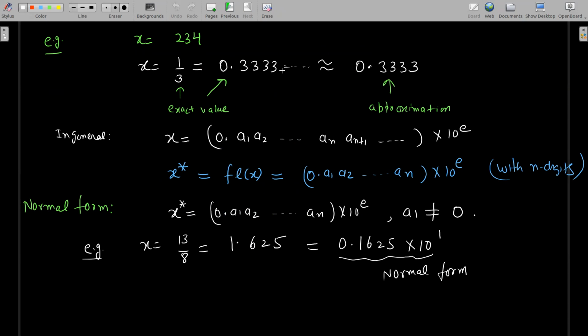Like 0.333, we will cut this number, and this is called chopping and rounding. बोलेंगे तो उसको अप्रोक्सीमेशन। So we have two types of approximations: chopping and rounding.